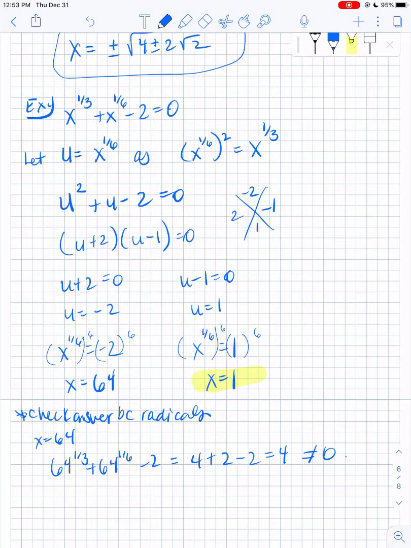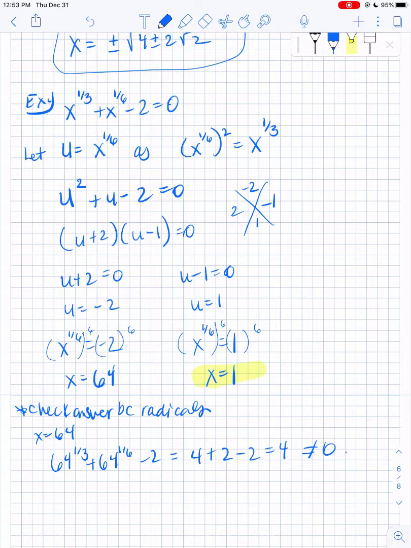So I'm going to go ahead and let u equal x to the 1/6, because my x to the 1/3 can be expressed as x to the 1/6 squared. That's because 2 times 1/6 equals 2/6 equals 1/3. So I'm going to let u be whatever's inside here, x to the 1/6.